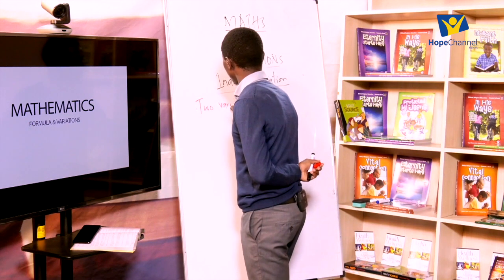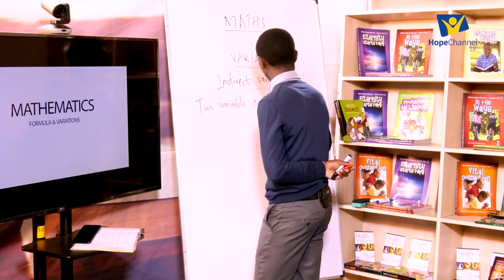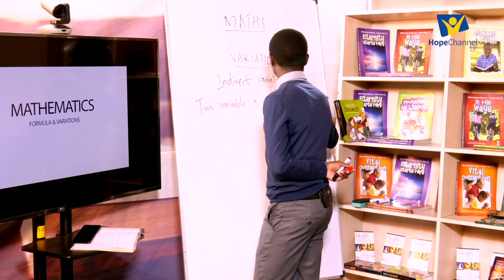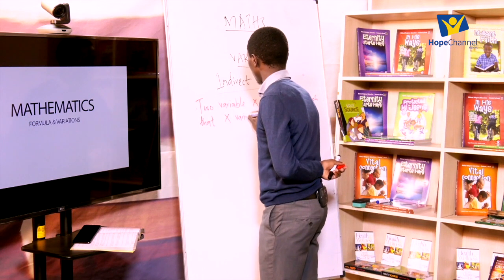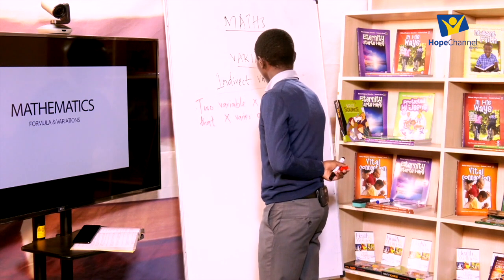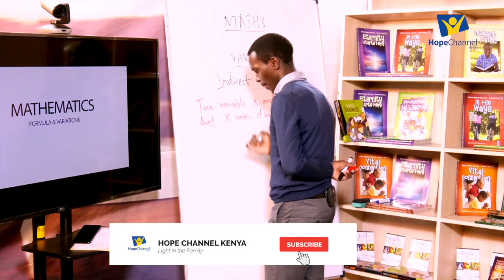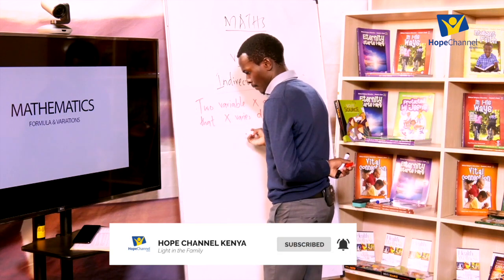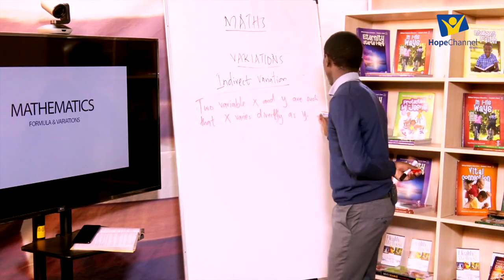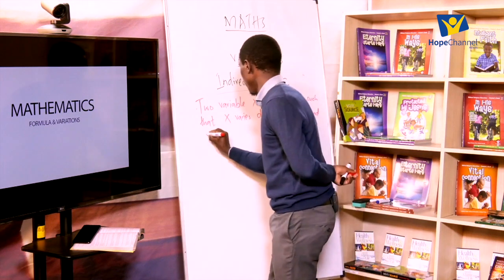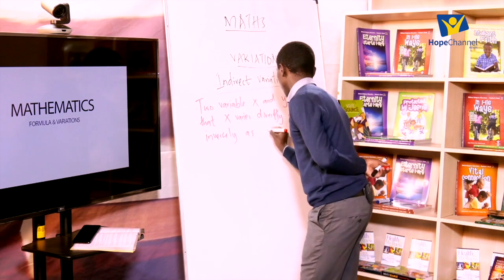So two variables, x and y, are such that x varies directly as y and inversely as p.